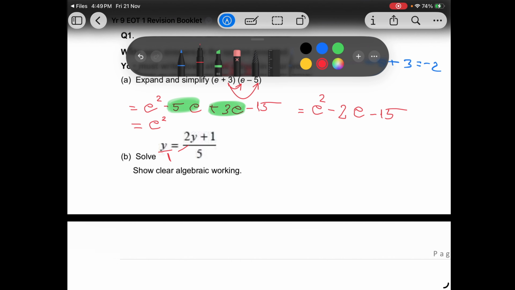I will multiply this guy by this guy, and I will multiply this guy by this guy. So how to start? The way you like. It does not affect the final answer. If you start by multiplying y by 1, then 1 by 2y plus 1, or 5 by y, it's the same. You can do it either way.